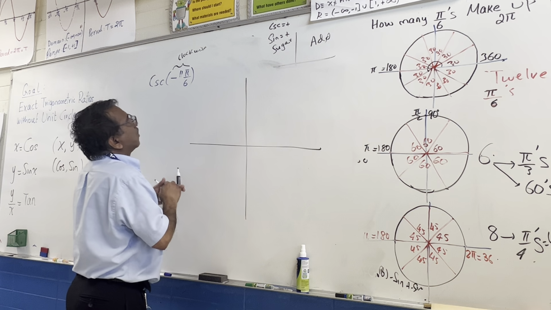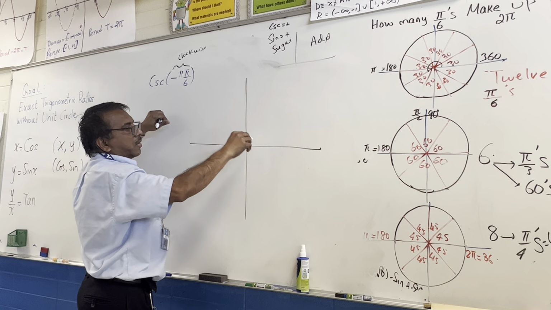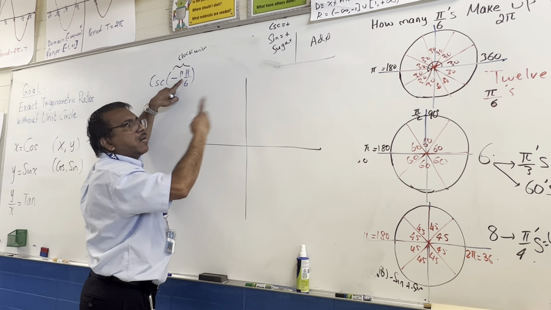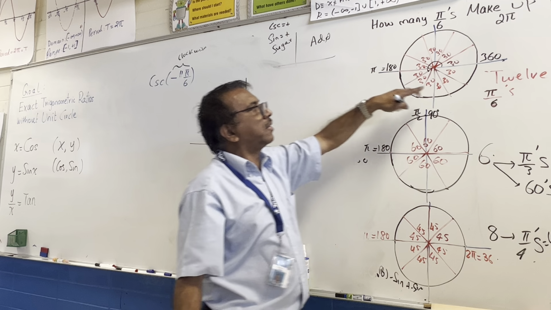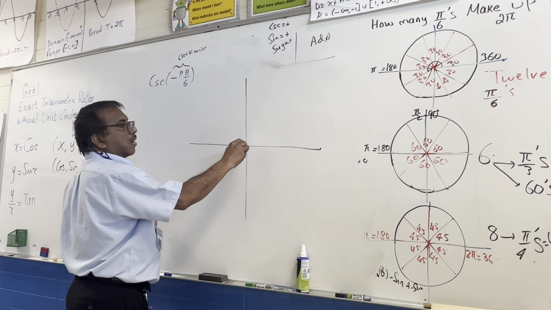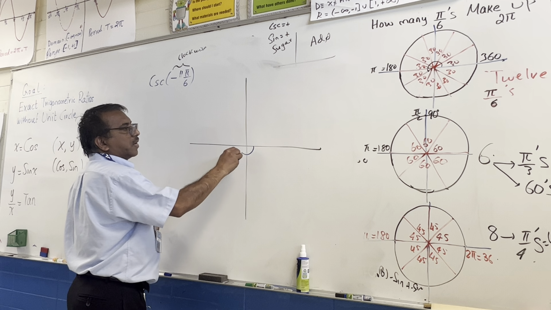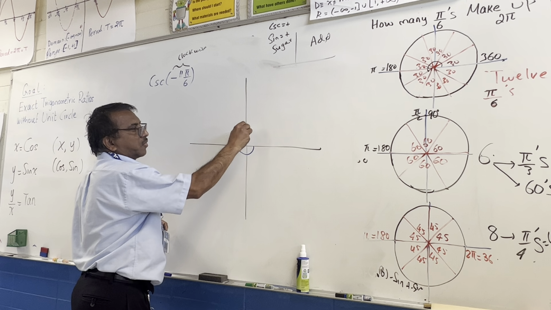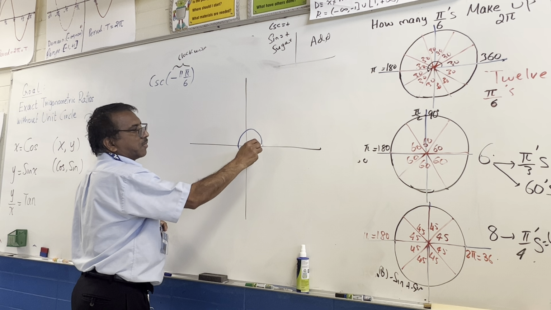So you are going around clockwise. That means there are 11 pi by 6. All around is how much? 12 pi by 6. There are 12 of them, but here it is 11. So you go all around. Half will be 6 pi by 6. If you touch here, that will be 12 pi by 6.